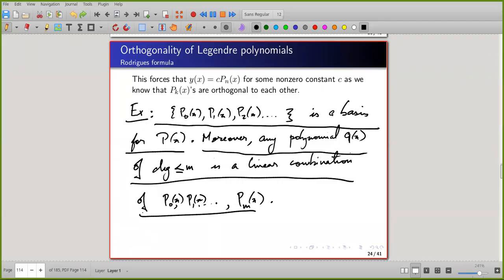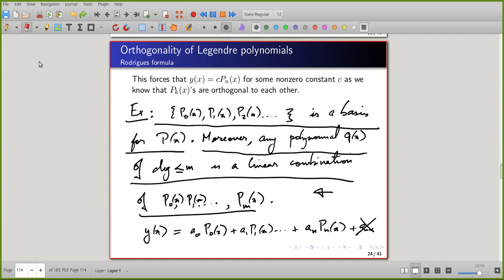So y of x has degree n. This implies y of x is a0 plus a1 p1 of x and so on, and we only need to go up to an pn of x. The further terms are not going to appear because of this exercise.